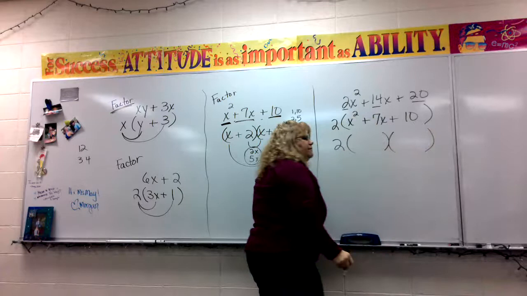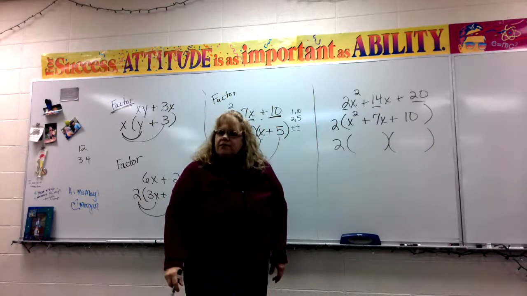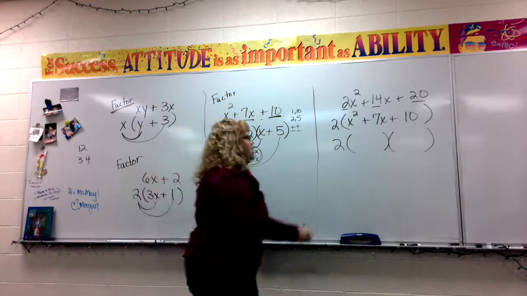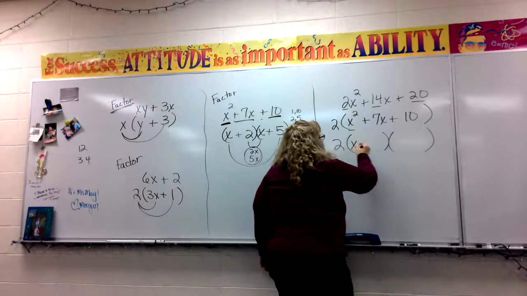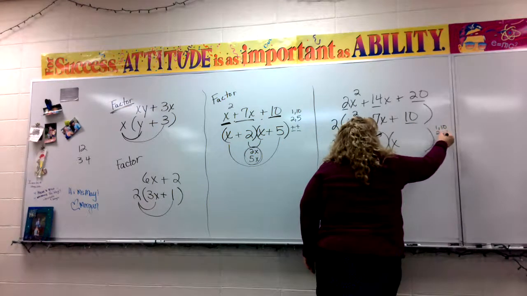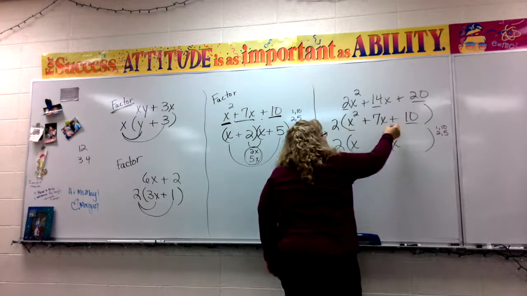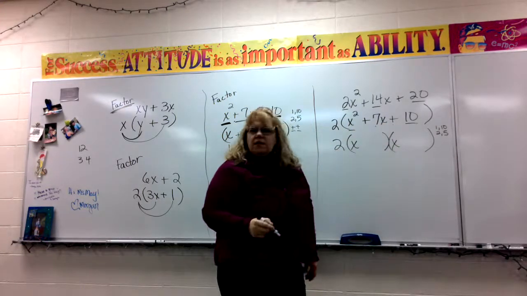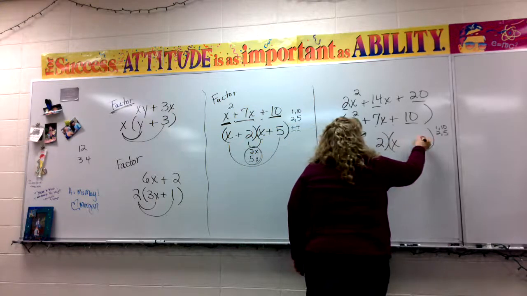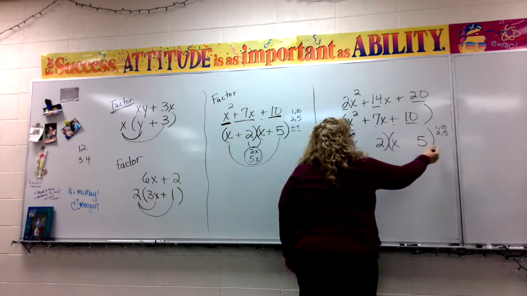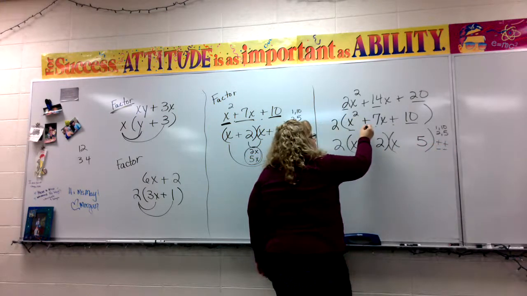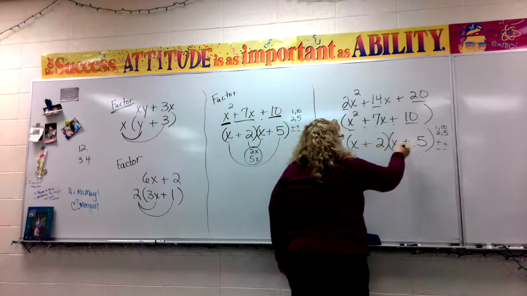That thing that's left in the parentheses, it probably is able to be factored. We know it's able to be factored. We just did that one. X squared, x times x, 10, could be 1 and 10, could be 2 and 5. I need the combination that adds to 7. You just told me 2 and 5. It's a positive, so positive times positive.